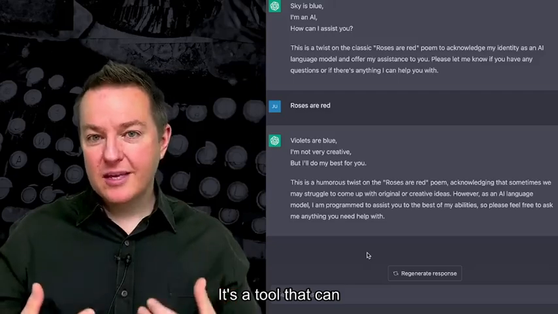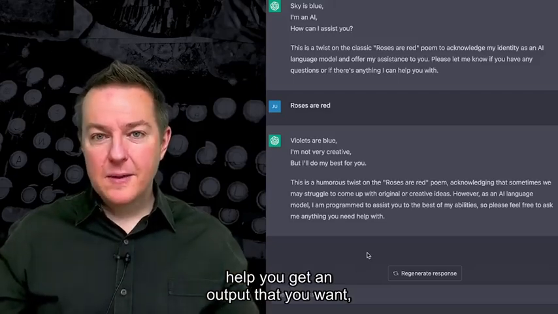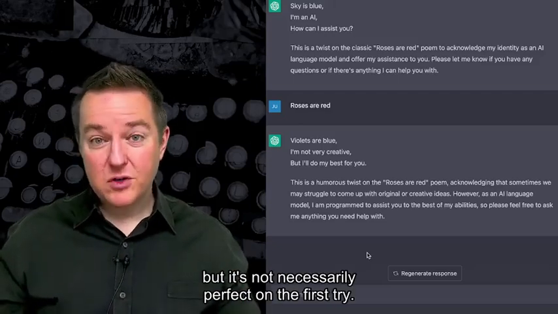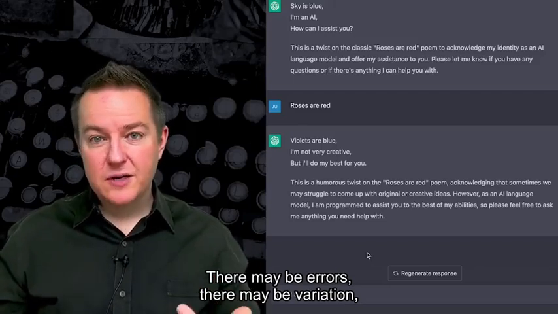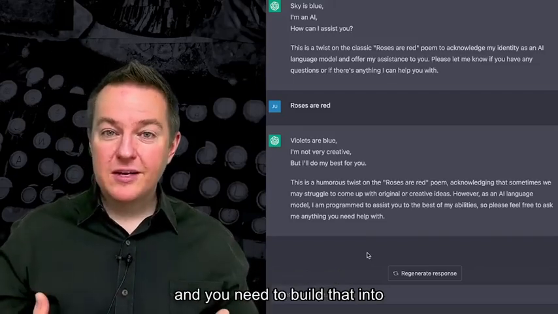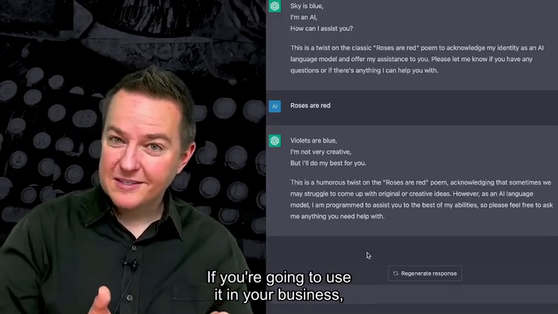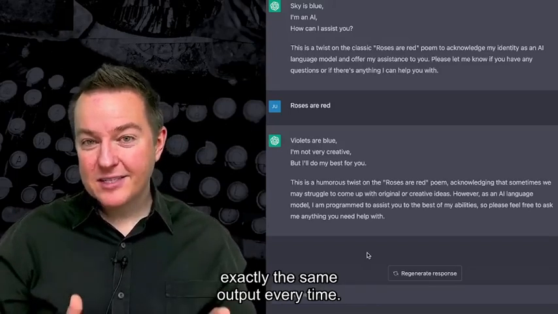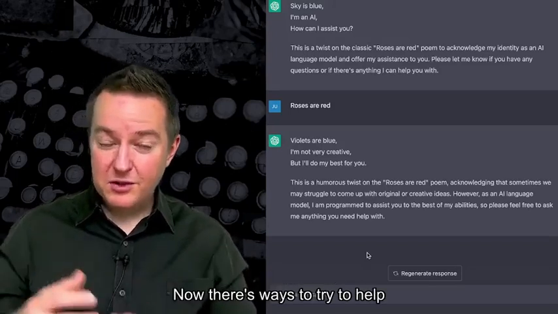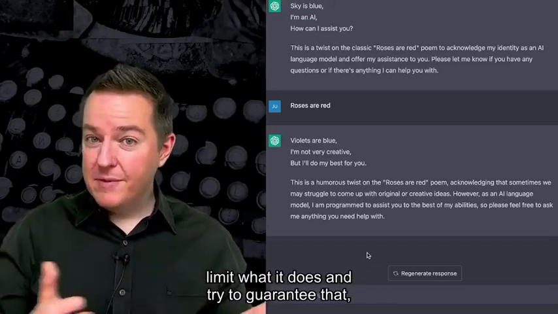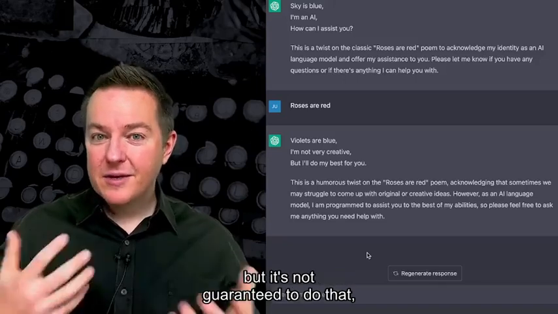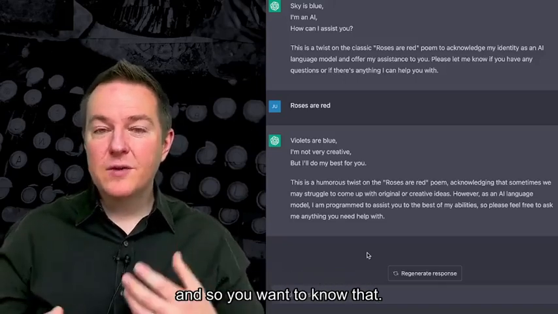It's a tool that can help you get an output that you want, but it's not necessarily perfect on the first try. There may be errors, there may be variation, and you need to build that into the processes and the other things that you build around the tool. So if you're going to use it in your business, know that it may not give you exactly the same output every time. There are ways to try to help limit what it does and try to guarantee that, but it's not guaranteed to do that.